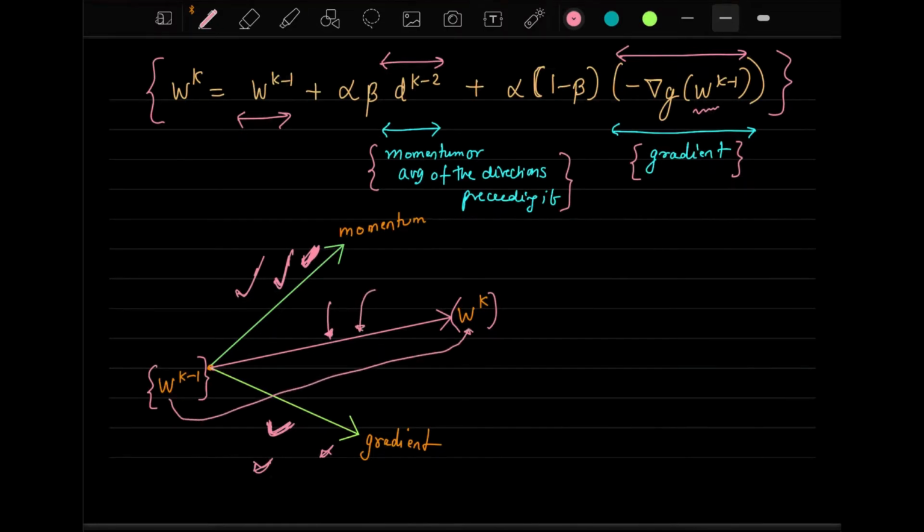So this is the pictorial representation of momentum based accelerated gradient descent. Now you can see how Wk minus 1 will be moved to Wk by considering the momentum term also. Earlier it was only gradient, so it is taking this vector into consideration also to move to Wk. Any doubts here regarding this particular concept?